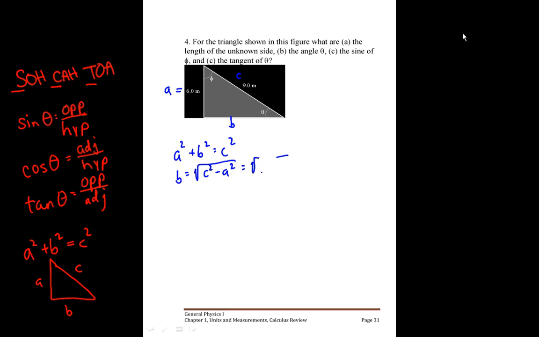Excuse me, to keep proper sig figs, let's just say 9.0 squared minus 6.0 squared. The square root of that is the square root of 45.